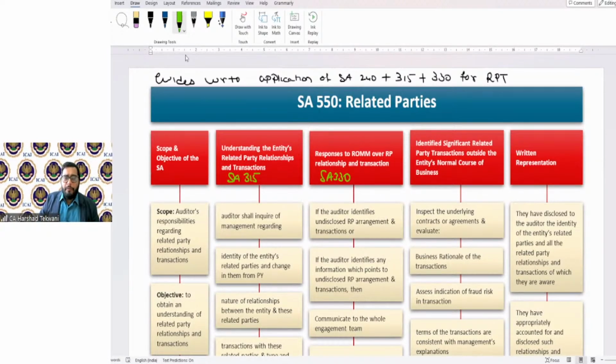Then while testing, if you come across any related party transaction which is not in the normal course of business, you check the application of SA 240, that is fraud risk. And at the last, once you are near the closure of your testing, you apply SA 580, that is written representation. Now let's go through each in detail.